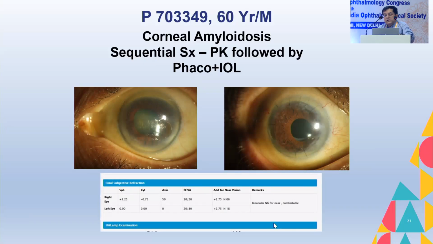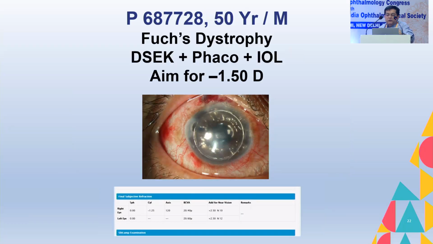Later on, about 6 to 7 months later, when the keratometry readings had stabilized, I did the cataract surgery based on the stabilized K, and here you can see the refractive outcome is plus 1.25 sphere and minus 0.75 cylinder, approximately plus 0.5 spherical equivalent. So a much better refractive outcome as compared to a triple procedure.